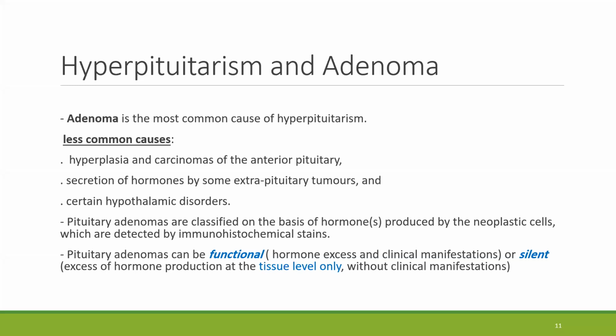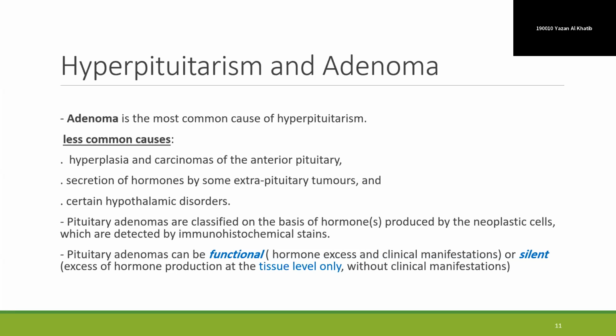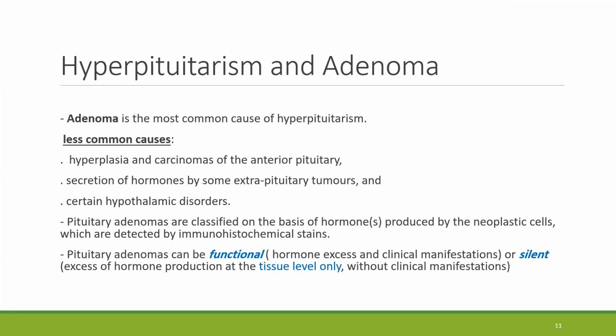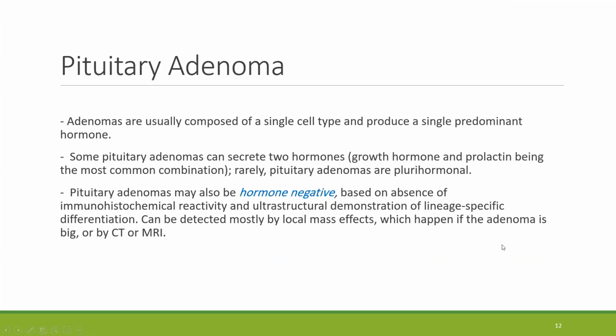Silent adenoma, there are hormones at the level of the tissue, but it's not producing clinical function. So functional means an adenoma producing hormones with function. Silent is an adenoma with the hormones within the adenoma itself, but without clinical manifestation. So in silent adenoma, we can identify the hormone at the level of tissue only.